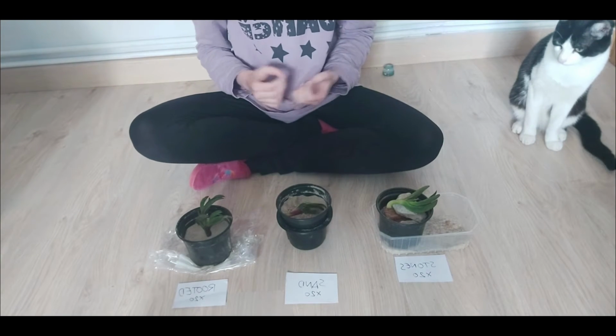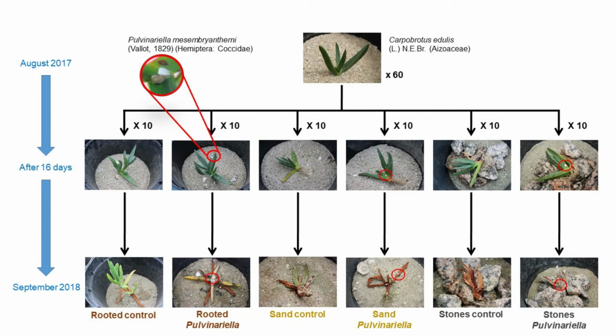Then, we inoculated 30 individuals of Carpobrotus, 10 of each treatment, with 1 female Pulvinariella per plant, while the other 30 were not.